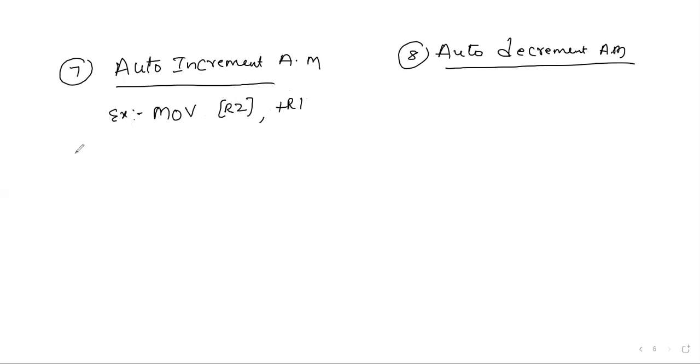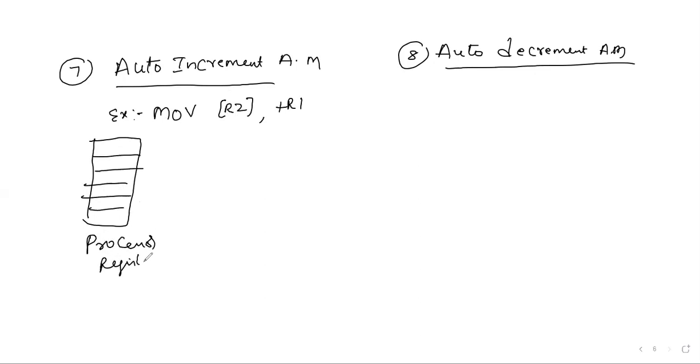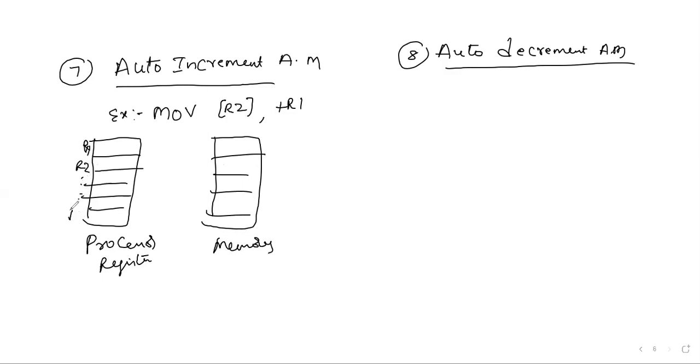See here, this is the processor registers, R1, R2, so on up to Rn, and this is the memory with different locations.